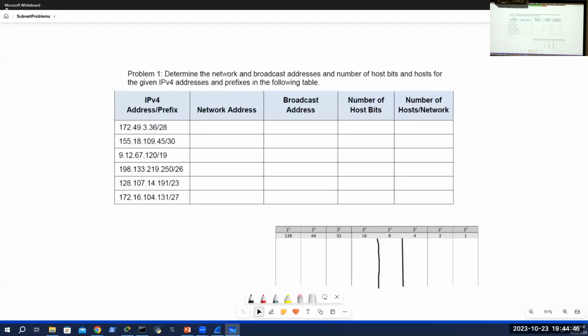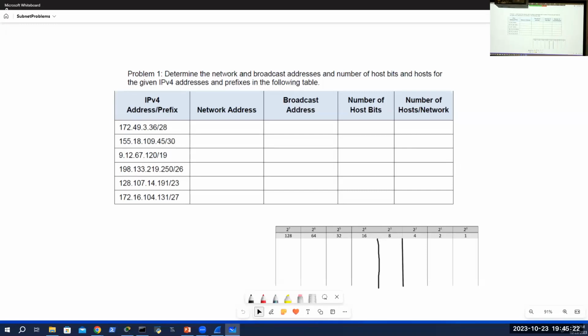All right, so here we have a bunch of IP addresses along with their prefix. What you probably want to do, if you're not already pretty good at this, is take the prefix and turn it into what the subnet mask looks like, because for some people that's easier to visualize the network address and the broadcast and all that.